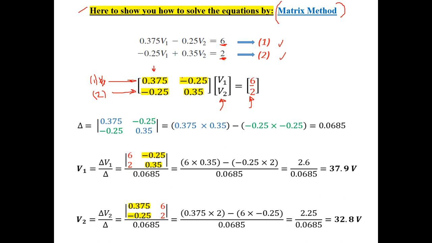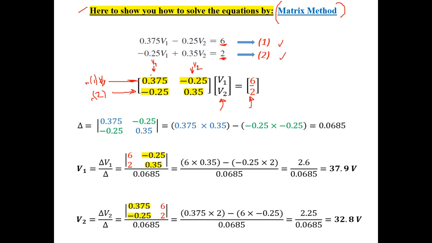The first row, I'm talking about the first matrix now, guys, corresponds to equation number 1, while the second row corresponds to equation number 2. The first column in this matrix corresponds to V1, and the second column corresponds to V2.